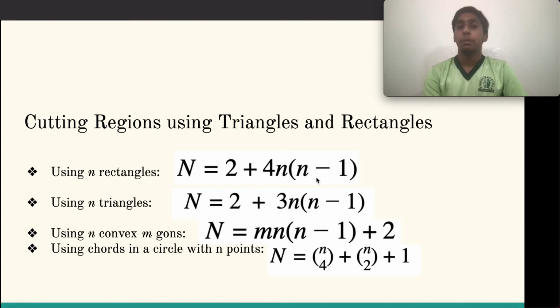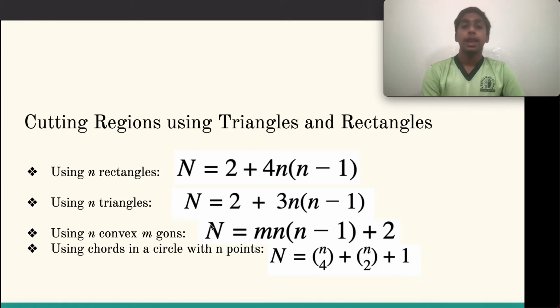That's how you calculate how many regions are going to be in this plane. Using n triangles, that's going to be 2 plus 3n times (n minus 1). As you can see, there's a bit of a pattern here. It's about the same, except a rectangle has 4 corners, so you use 4, and a triangle has 3 corners, so you use 3. Or you could think of it as a rectangle has 4 sides and a triangle has 3 sides. So that's how they got the formula.